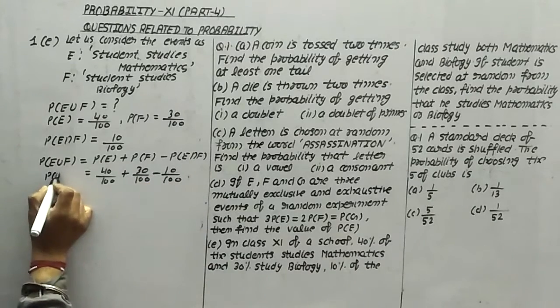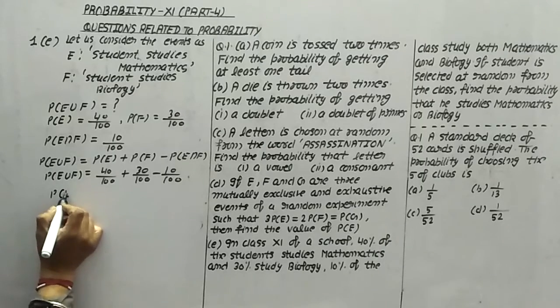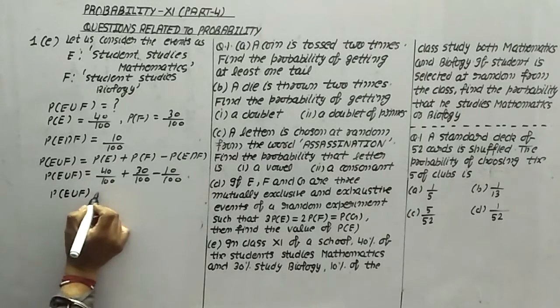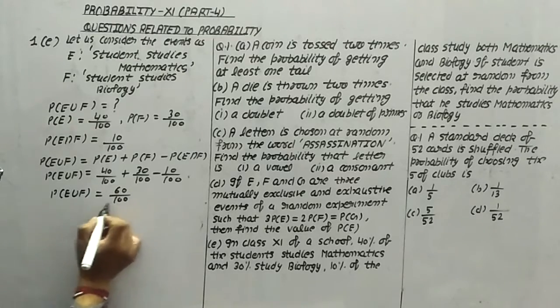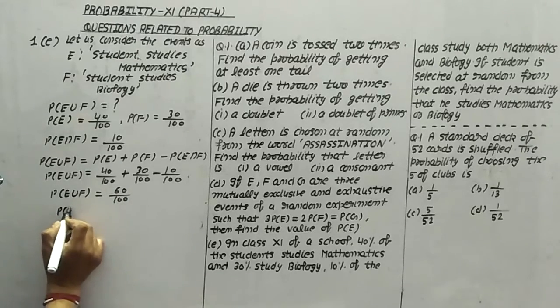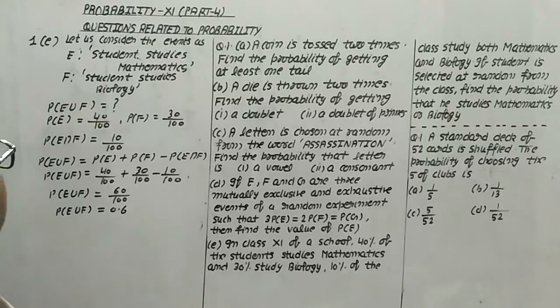So the probability of E union F is equal to 40 plus 30 is 70, 70 minus 10 is 60, 60 upon 100. Therefore we can say the probability of E union F is equal to 0.6, and this is the answer for this part.